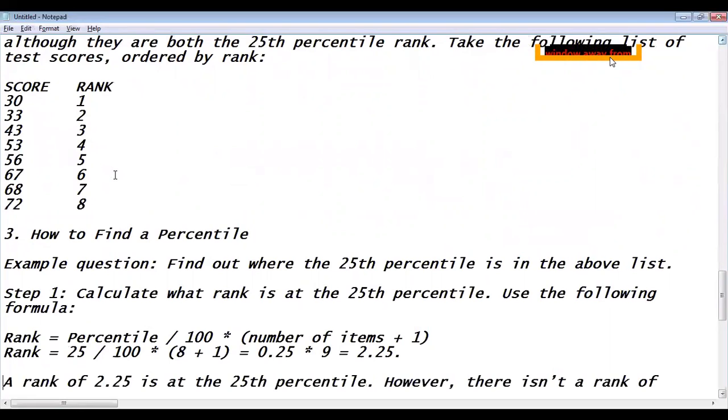So that equals 0.25 multiplied by 9, equal to 2.25. So we have got the rank equals 2.25. So a rank of 2.25 is at the 25th percentile.